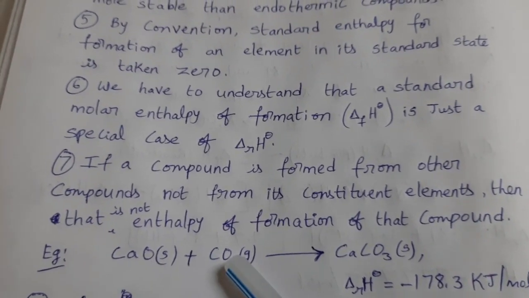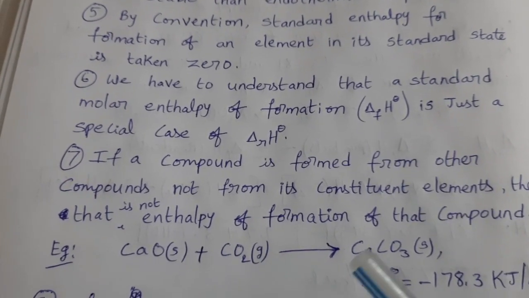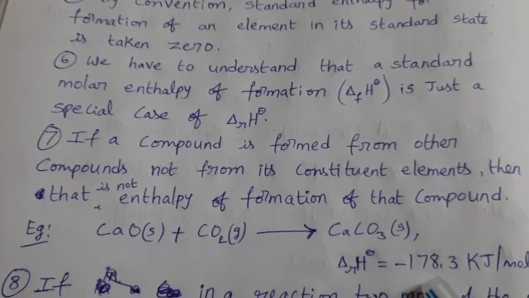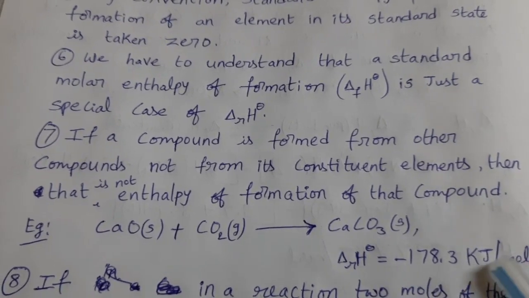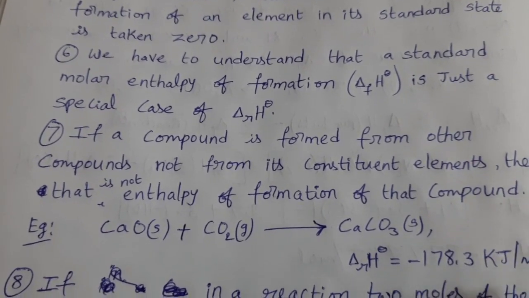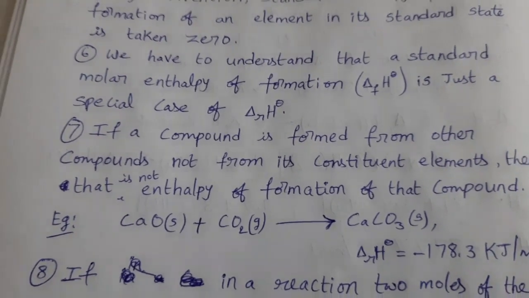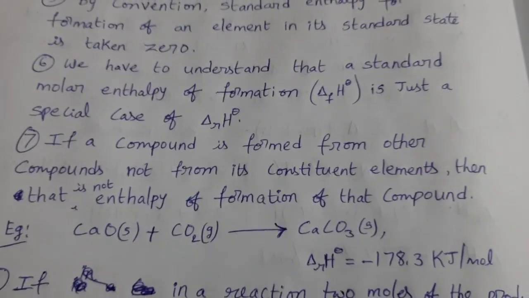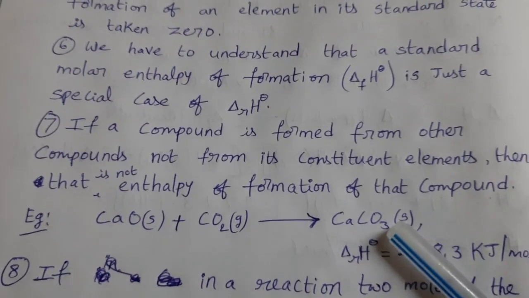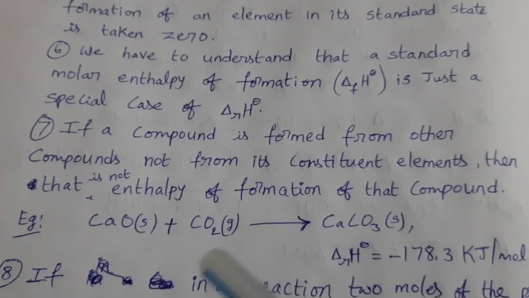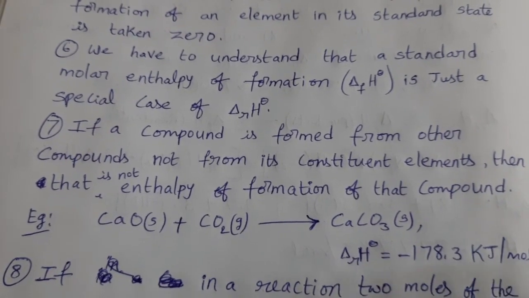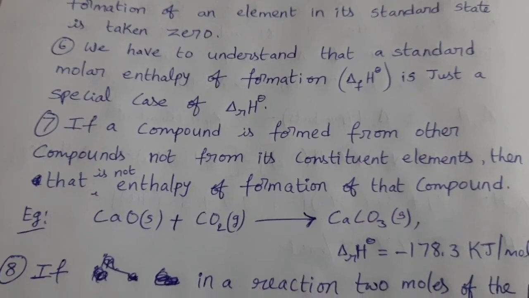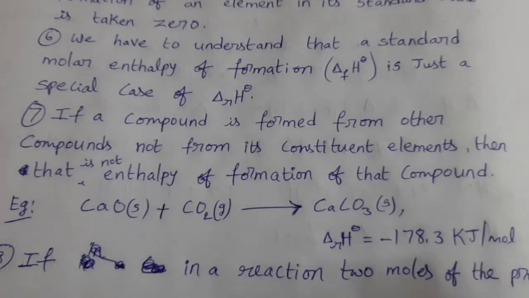These two are not constituent elements of this compound, so this enthalpy change is not standard enthalpy of formation. So only when 1 mole of compound is formed from its constituent elements is the related enthalpy called standard enthalpy of formation.